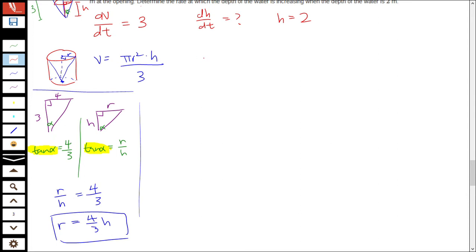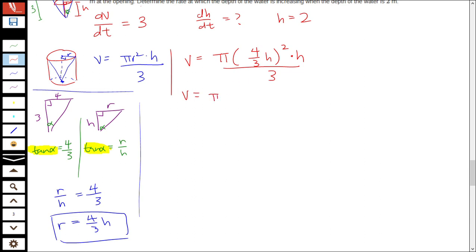So let me sub in this equation so that I can have my volume equation without the variable R. So R is 4 over 3 H, and that's squared, times H, all over 3. Now let's simplify this.